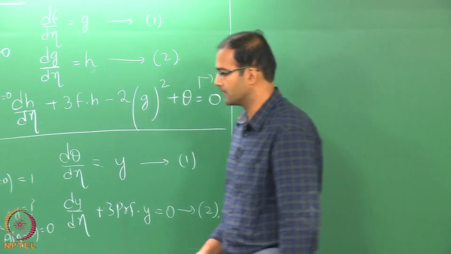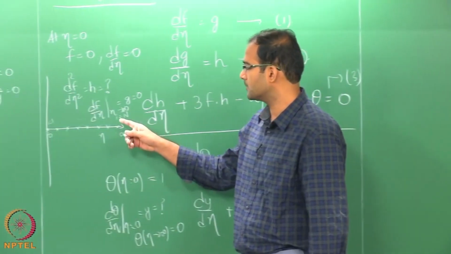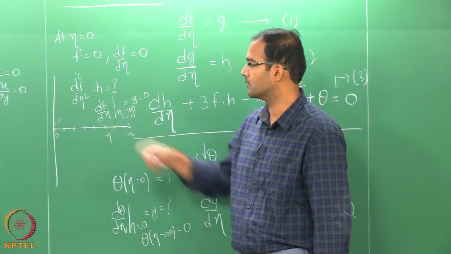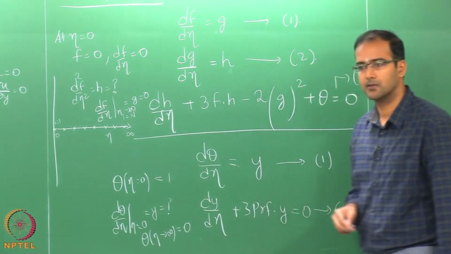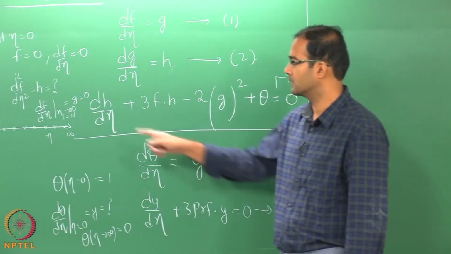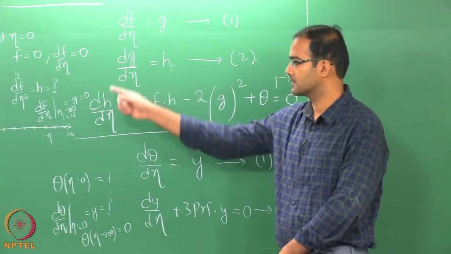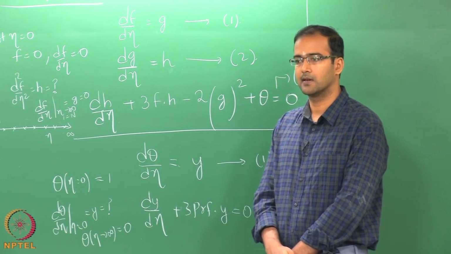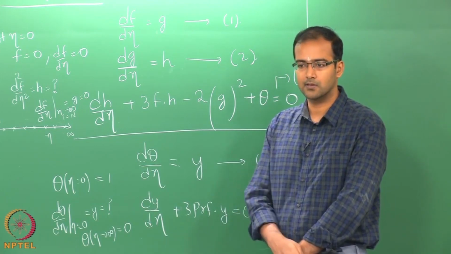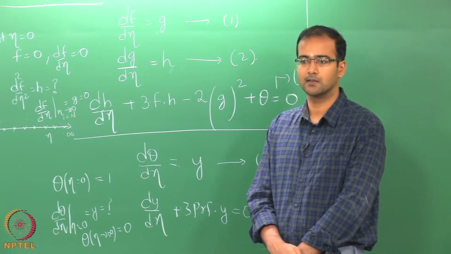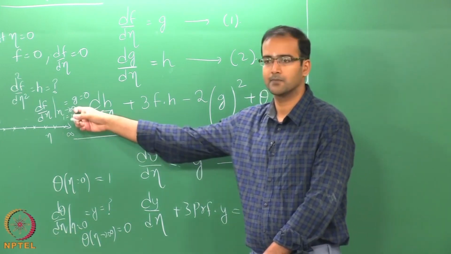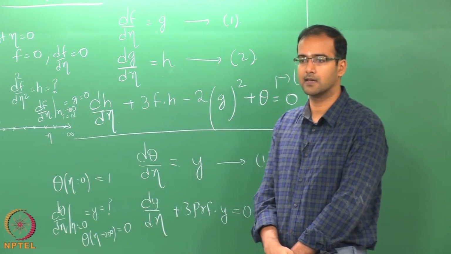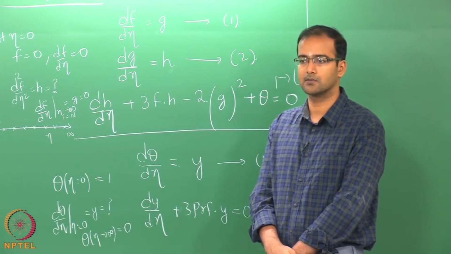simultaneously. When you solve this, the problem is that you again do not know the boundary condition for H here and also for Y here. So you have to shoot a guess for H and also for Y, and then use Newton-Raphson to make a more accurate estimate of these boundary conditions, provided you satisfy the condition that G at eta going to infinity is equal to 0.